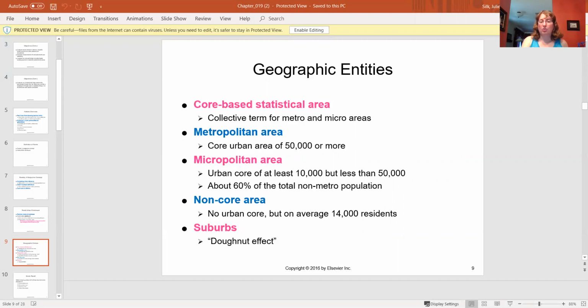A micropolitan area is an urban core of at least 10,000 but less than 50,000, about 60% of the total non-metro population. A non-core area is no urban core but on average 14,000 residents. And then the suburbs is a donut effect. When you live in the suburbs, you're still kind of in the city, but you're out just a little ways from there, so you don't have all of the big problems that the city does.